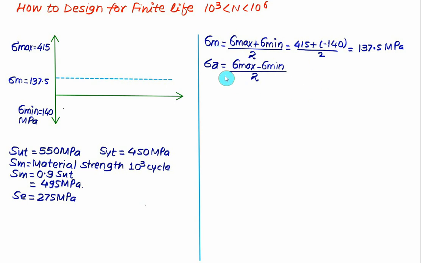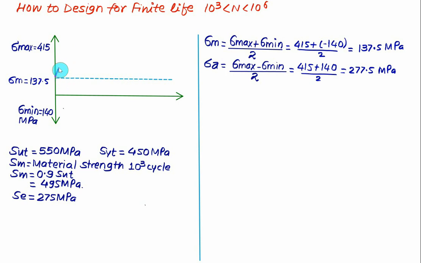Then the amplitude stress is given as sigma maximum minus sigma minimum divided by 2. Sigma maximum is 415, minus minus becomes plus, we have 140, divided by 2. So we have amplitude stress in this case equal to 277.5 megapascal. So 137.5 plus 277.5 will attain a value equal to 415.